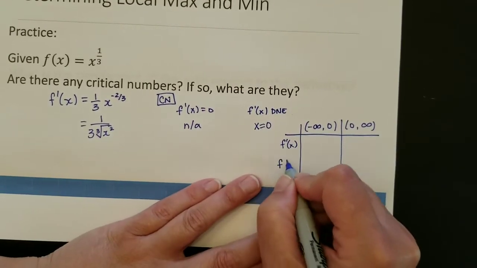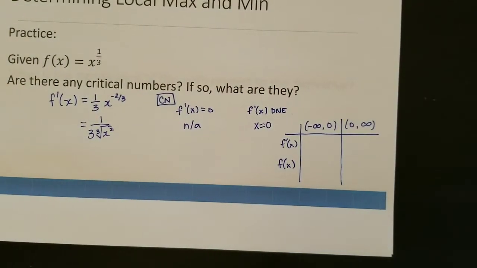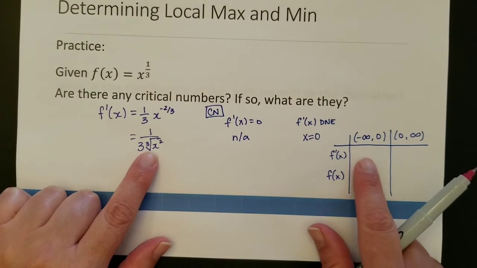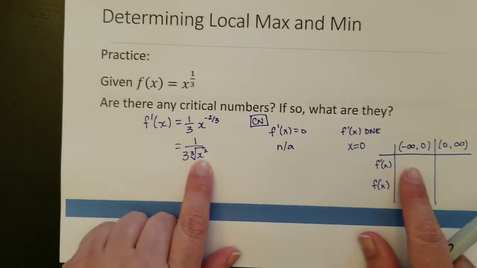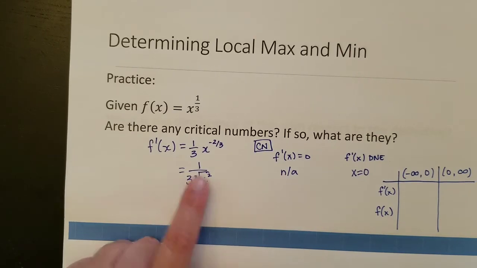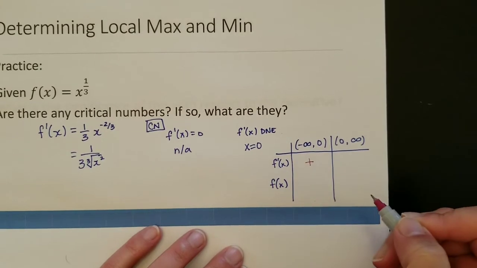I don't think that this is going to be too hard to figure out. If we have a negative value, as you can see here in the derivative, we've got an x squared. So if x is negative and we square it, we still have a positive number. Cubed root of a positive is positive. Multiplied by a third, still positive. So this is a positive value.